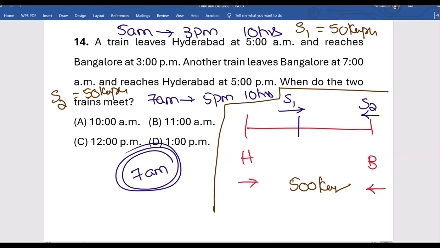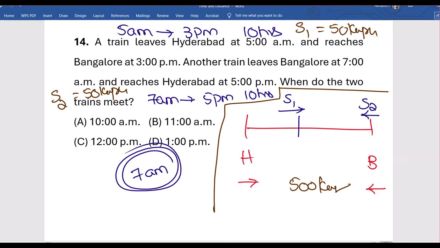Up to now, are you clear? We assume the distance between Hyderabad and Bangalore as 500. Then the first train covered it in 10 hours, 50 kilometers per hour. The second train covered it in 10 hours, 50 kilometers per hour. Clear so far? Now come to this reality. Now at 7 a.m., so 2 hours.